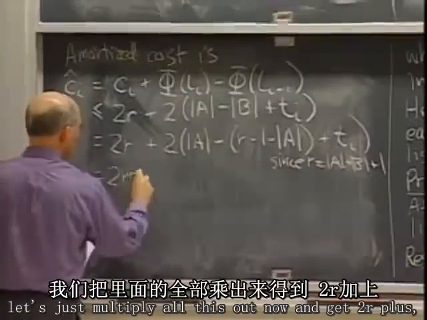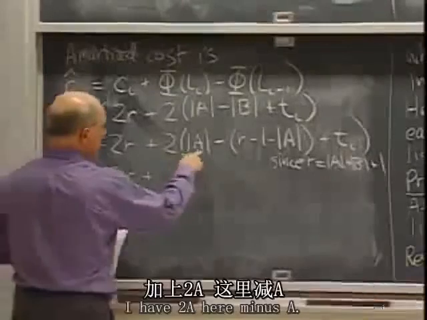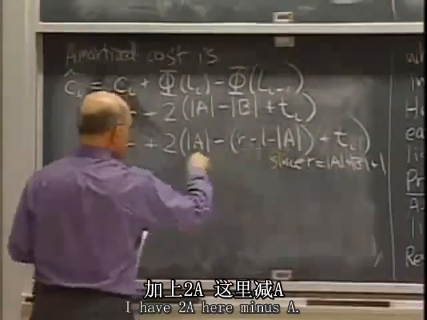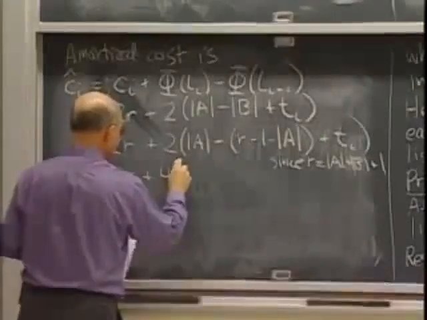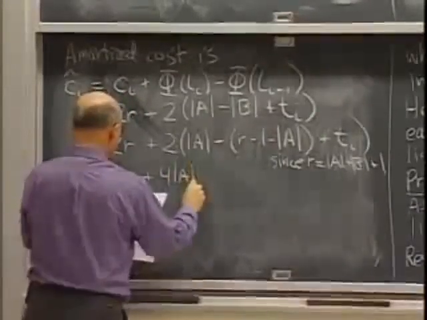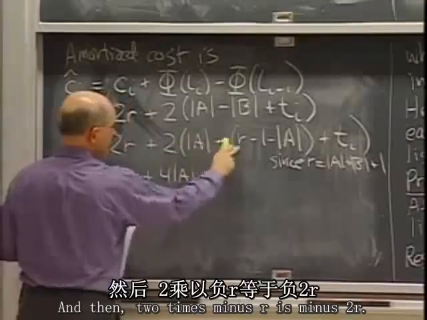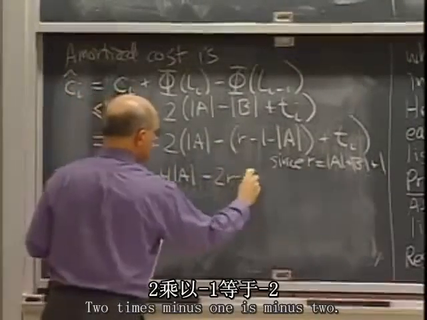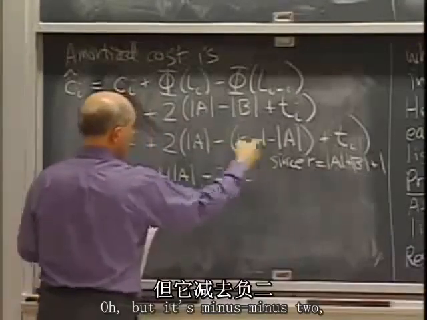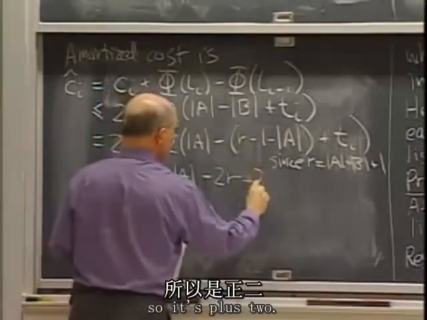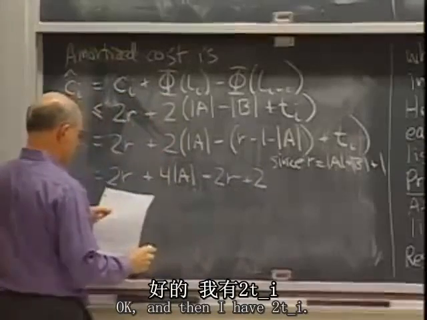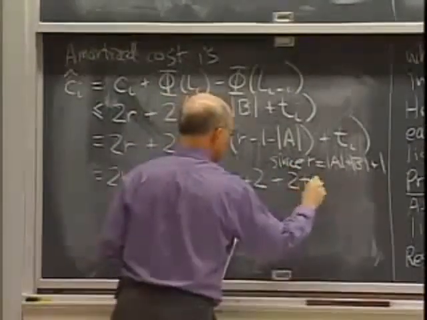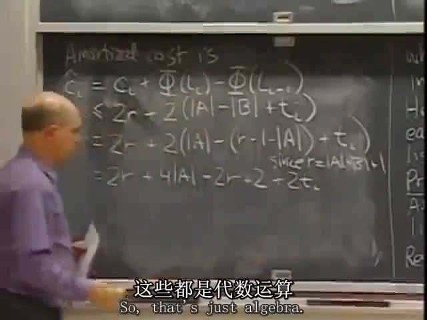Get 2r plus, I have 2a here minus a, so that's 4a. And then 2 times minus r is minus 2r. 2 times minus 1 is minus 2. Oh, but it's minus minus 2, so it's plus 2. And then I have 2 t sub i. So that's just algebra.